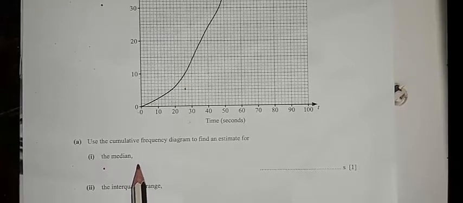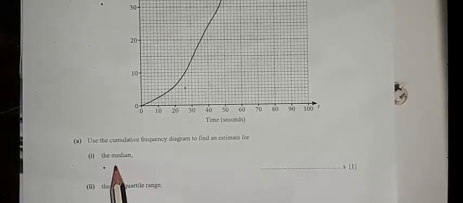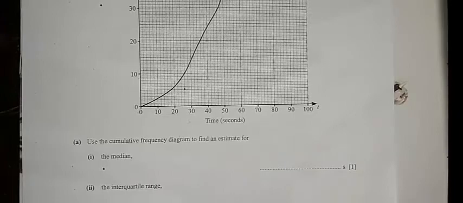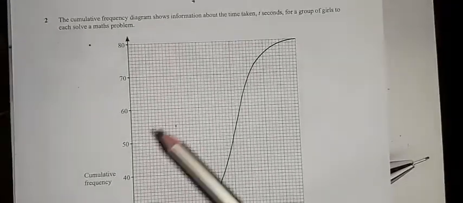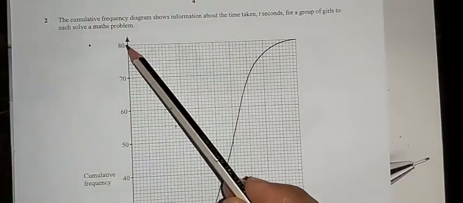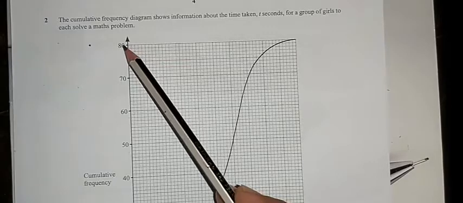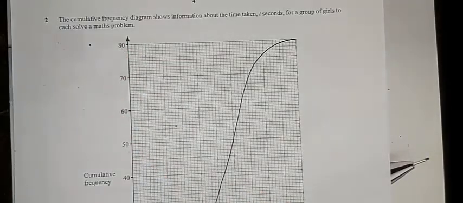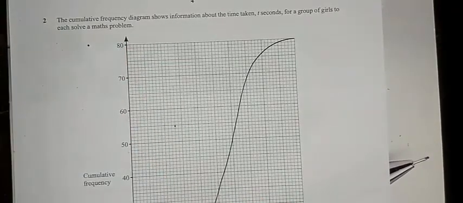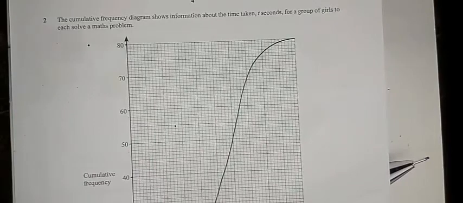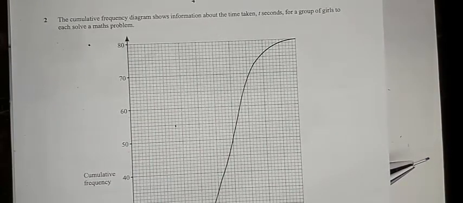Okay, the median position is half of the values, and here the number of girls is 80. So 80 divided by 2 is 40, so we will go to the 40 value here.